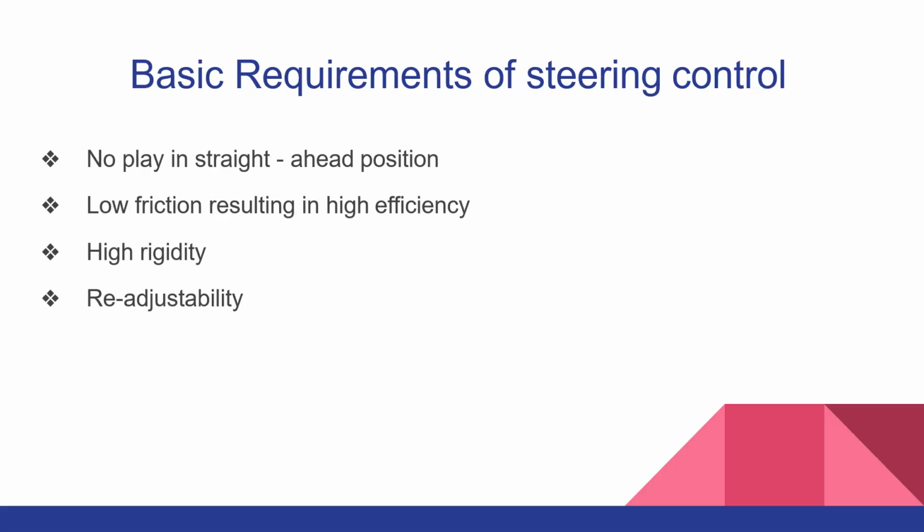Then the basic requirements of a steering control. What are the basic requirements of a steering control? For a good steering control, there should not be any play for the steering wheel in the straight ahead position.